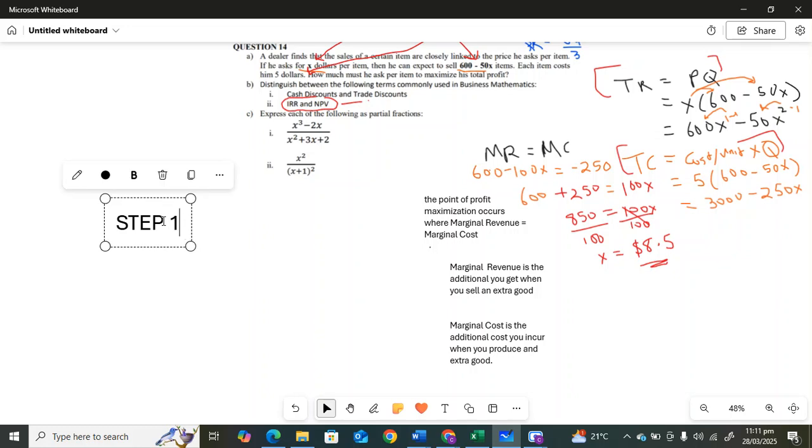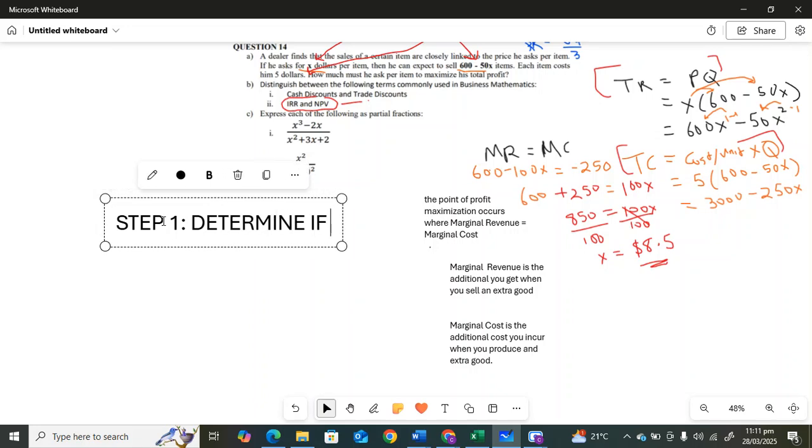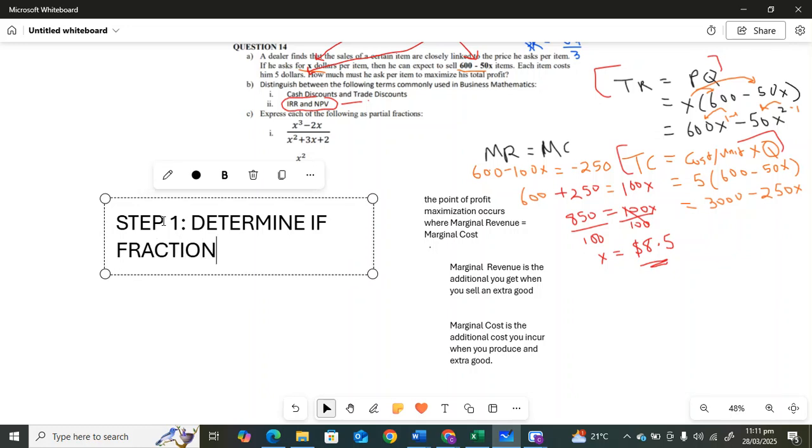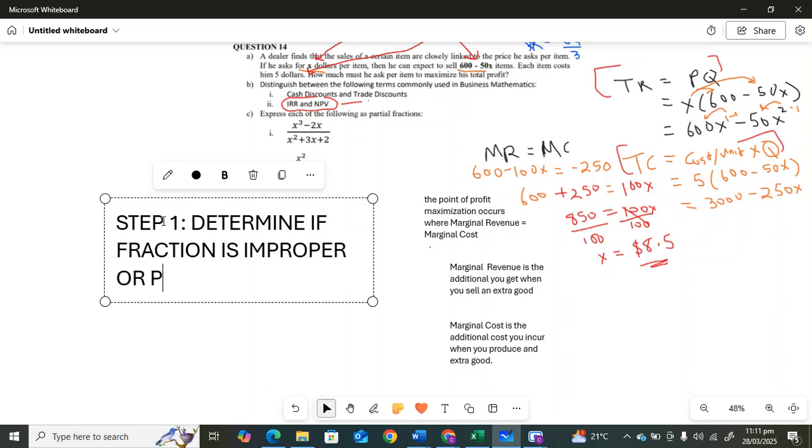So step one: determine if the fraction is improper or proper. How do we do this? You look at the leading exponents for the numerator and the denominator.